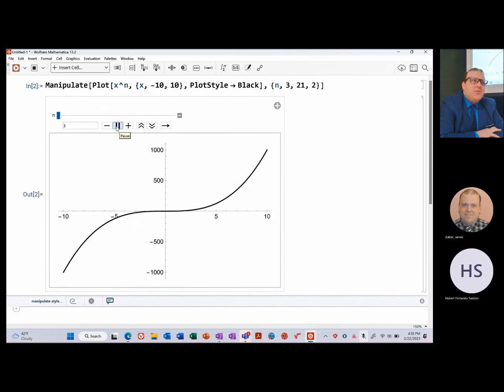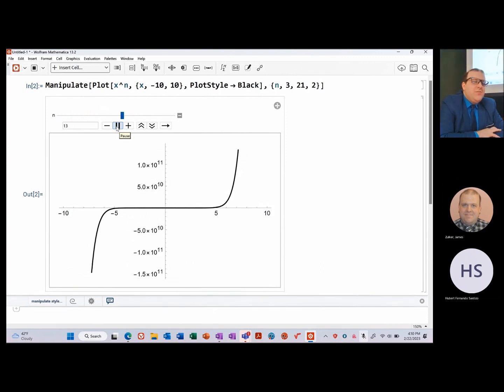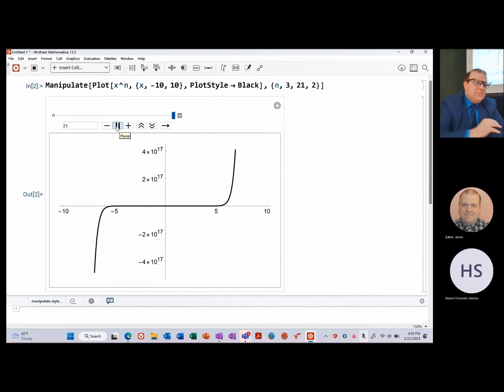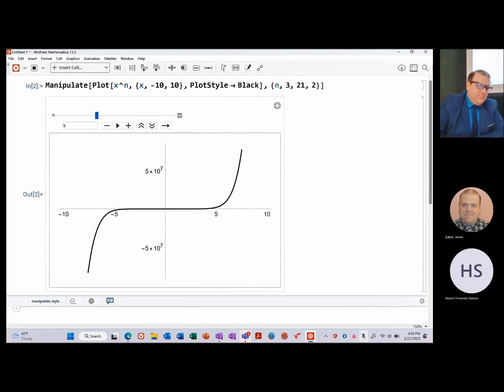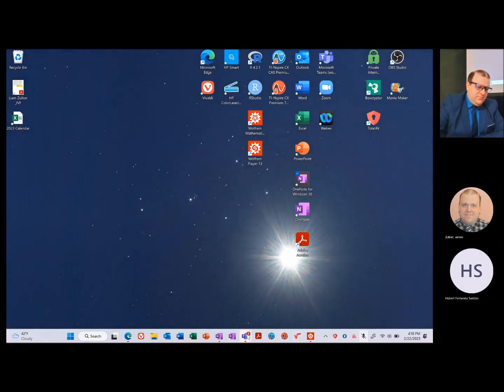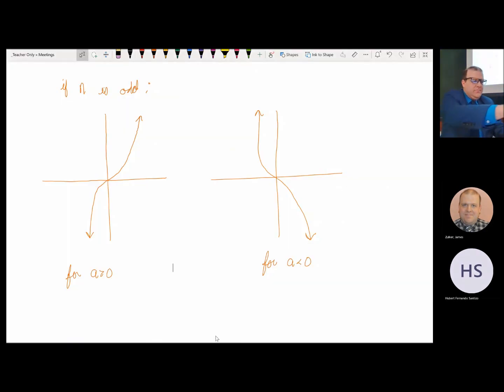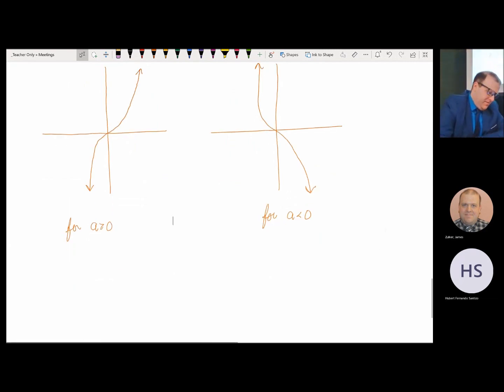But again, the basic shape doesn't change. For a greater than 0, look what happens.